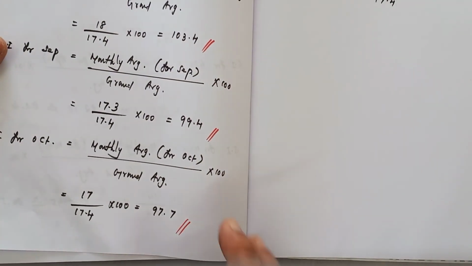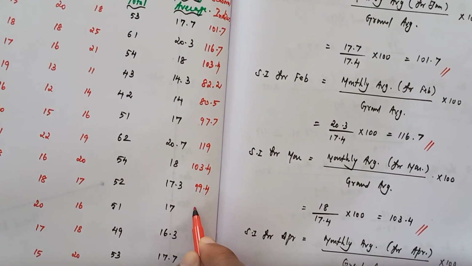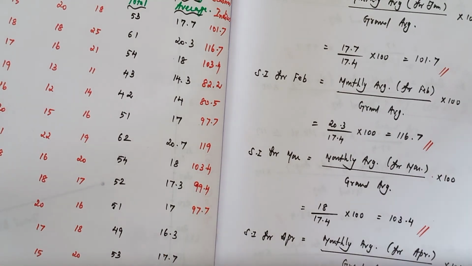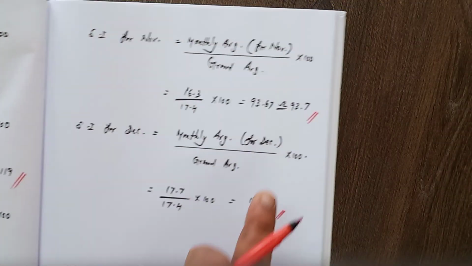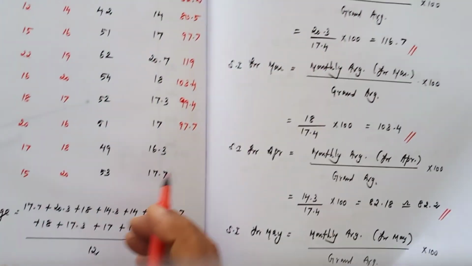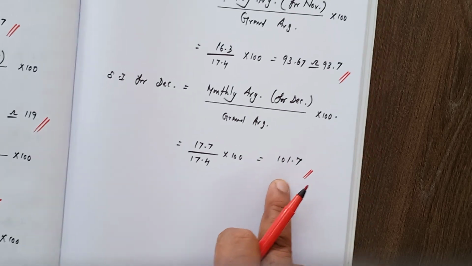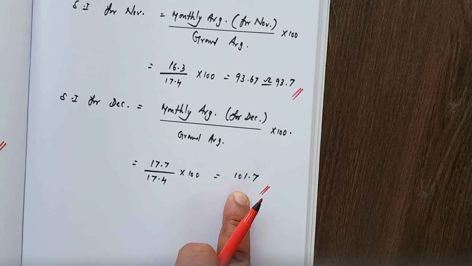For October 97.7. For November 93.7. And finally for the month of December 101.7.